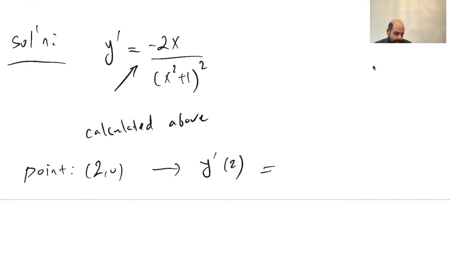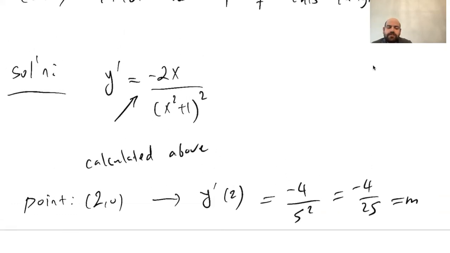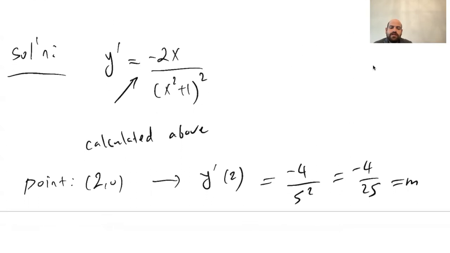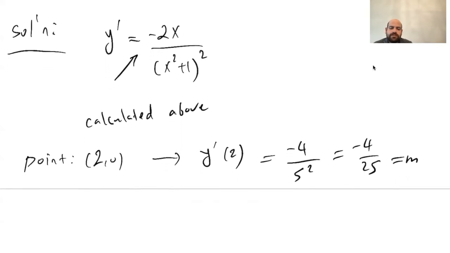We get minus 4 over 5 squared. That's minus 4 over 25, which is my slope, right? The x value is 2. I replace x with 2. I got y prime as minus 4 over 25, which represents my slope.